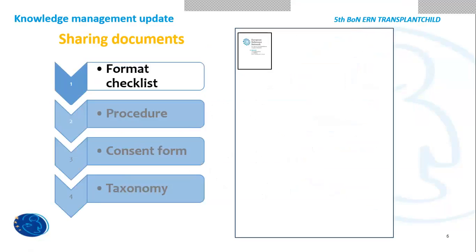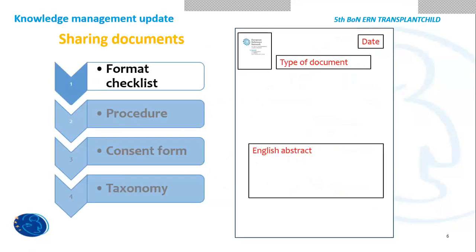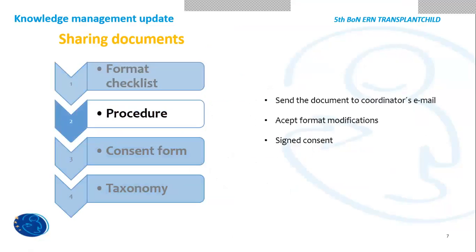So for the formal list, we propose the stamp of the ERN, the date, the type of document. You know that the European Commission is working on a taxonomy, and they're going to tell us all the types of documents that are going to be shared by the ERNs, and an English abstract for those documents that are not originally written in English.